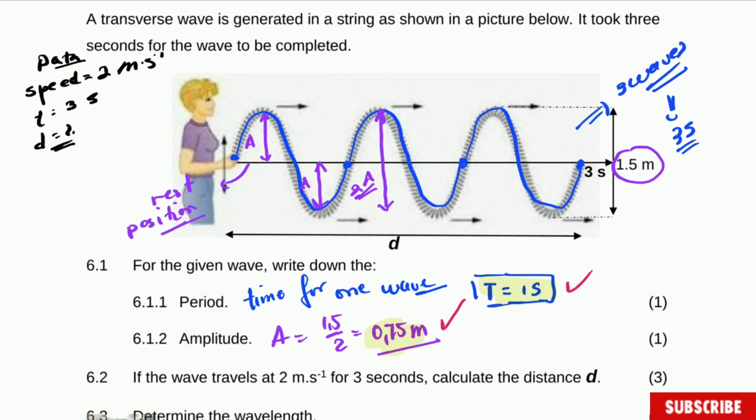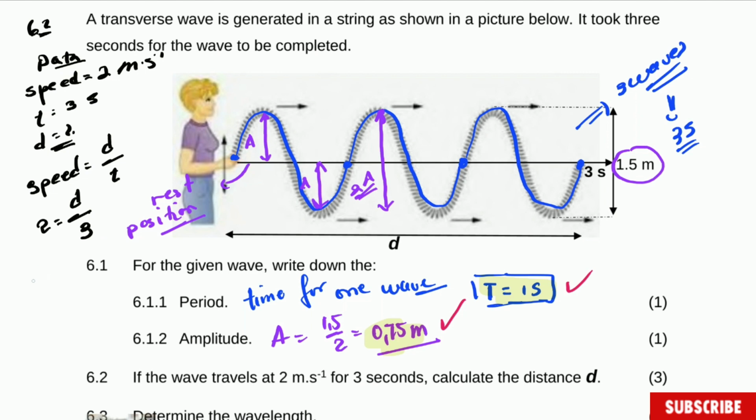Well, what is the formula we are going to use? We need to know that speed is equal to distance divided by time. This one is question 6.2. So when you substitute, you have 2 is equal to distance divided by the time, which is 3 seconds.